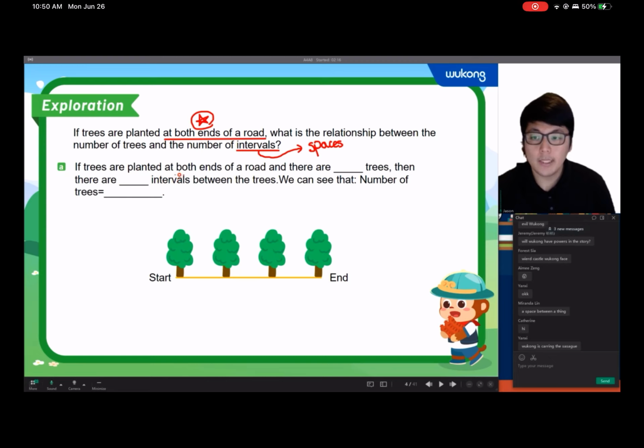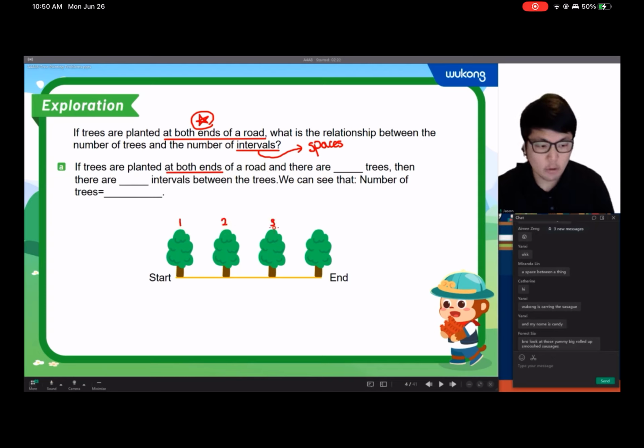If trees are planted at both ends, right, and there are 1, 2, 3, 4 trees, right? But then there are how many intervals? Well, there are 1, 2, 3, right, guys? So 3 intervals.